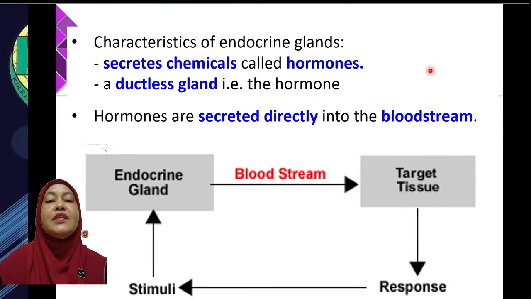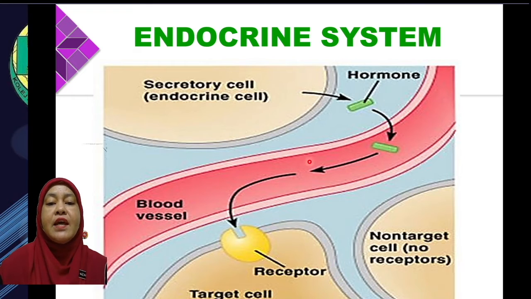Next, characteristics of endocrine glands. As you all know, they secrete chemicals called hormones. It is a ductless gland, and hormones are secreted directly into the bloodstream, to the target tissue, where they create a response. This diagram shows how the endocrine cell secretes hormone directly into the blood, and the hormone is transported by the blood to a target cell, where there is a receptor.